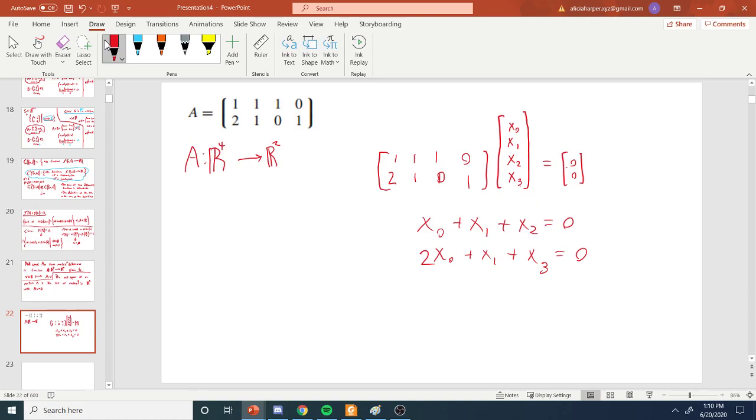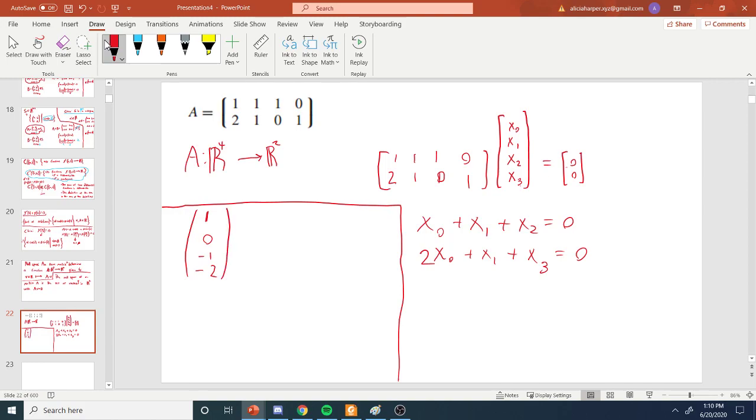So let's give some examples of vectors that satisfy these two equations. One example is the vector, let's see, what's a good one? How about the vector 1, 0, -1, -2.